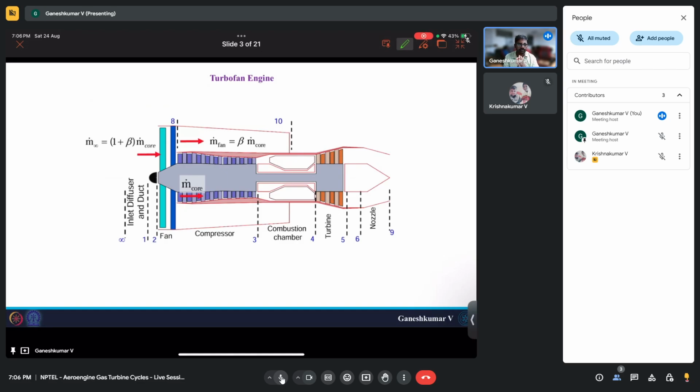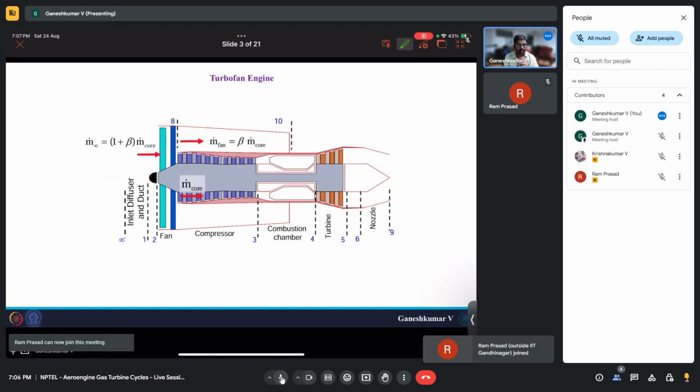So we all know we studied turbofan engine in this week, and the difference between turbojet and turbofan is we have an additional fan component attached in front of the compressor, and you have two pathways for air to flow. One is a core flow in which it goes through compressor, combustor, turbine, and then exits via nozzle.